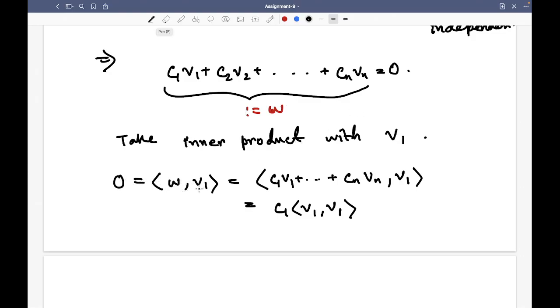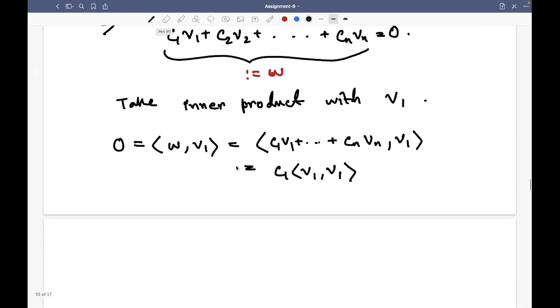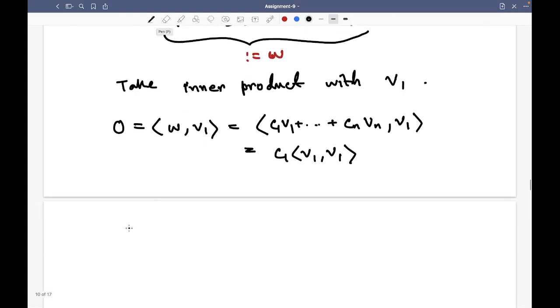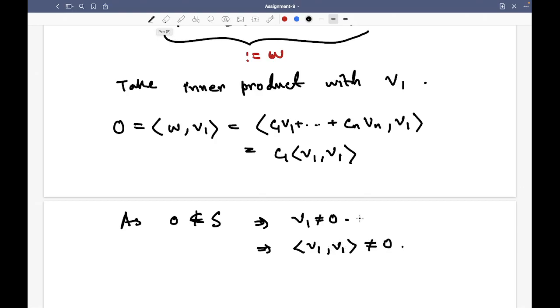And as W is the 0 vector, this side is 0, right? If you take the inner product with the 0 vector, it will be 0. So C1 times V1 with V1 is 0, and V1 is a non-zero vector, because S does not contain the 0 vector. As 0 does not belong to S, V1 is non-zero.